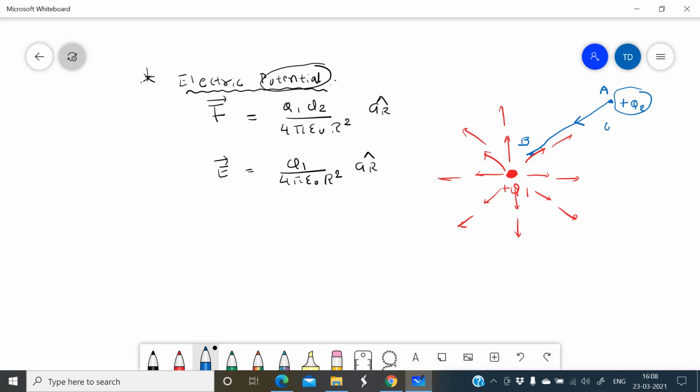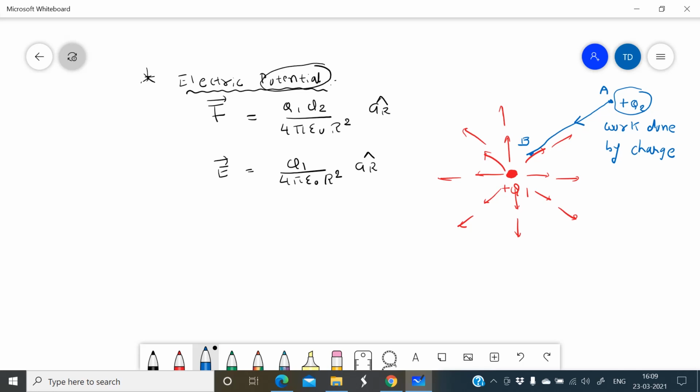It is called the electric potential, and it is negative. Why negative? Because the energy is wasted, as charge q2 is moving in the opposite direction, so it needs some energy to move from point a to point b.